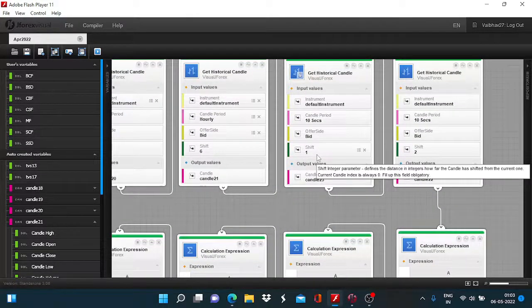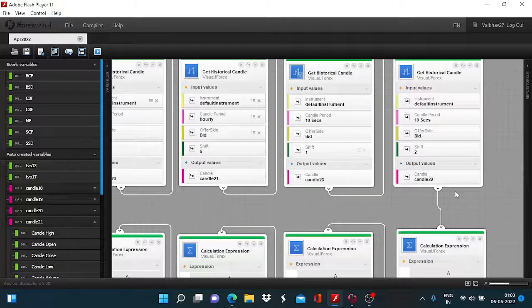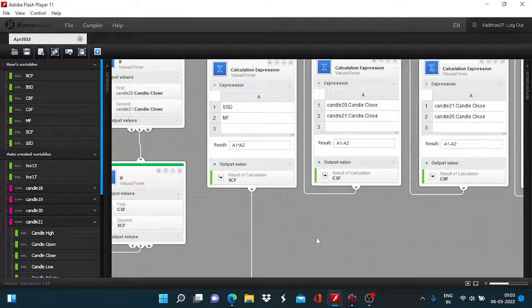Candle 23rd has a look back period of 1, so it needs to have closed lower, whereas candle 22nd, which has a look back period of 2, should have closed higher.